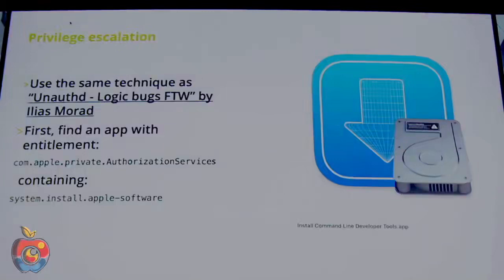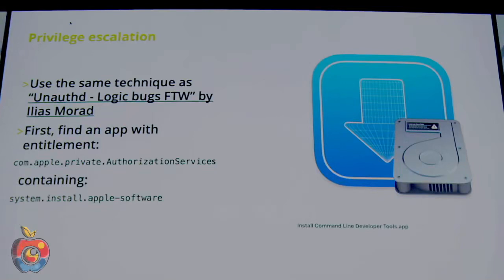Now, privilege escalation to root, and this one required all of that extra Python evaluation stuff. For this, I used a technique I borrowed from Ilias Morad in unauth-d. So I looked for an application with the entitlement com.apple.private.authorization services containing system.install.apple-software.